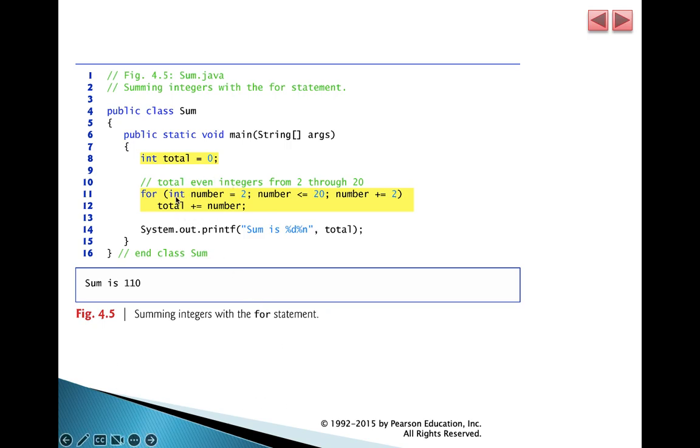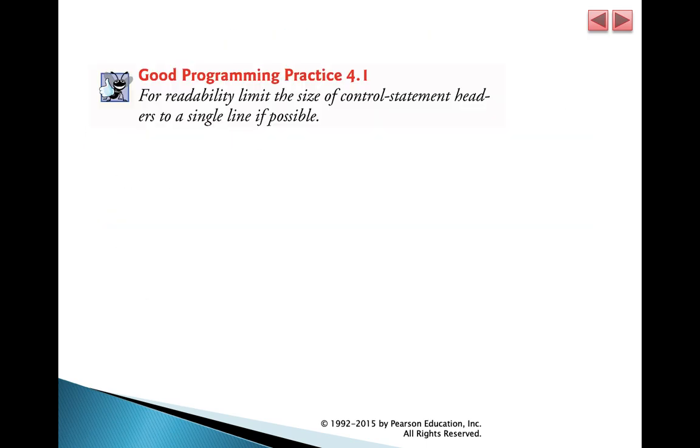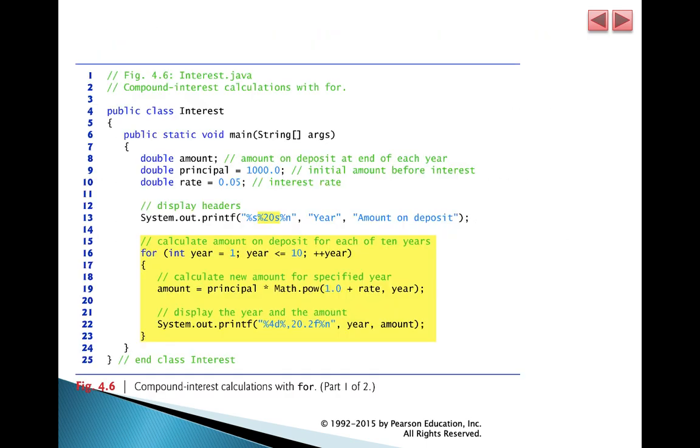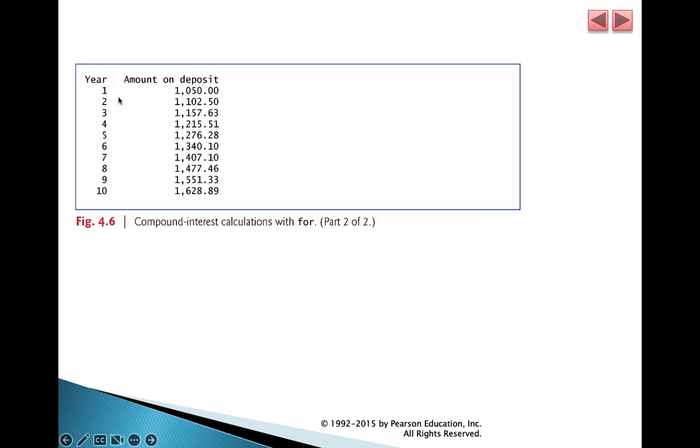This is just to compute the total of numbers between 2 and 20. So we add them to the total and we print the total between 2 and 20 using a for. Here is another example to compute the yearly amount.